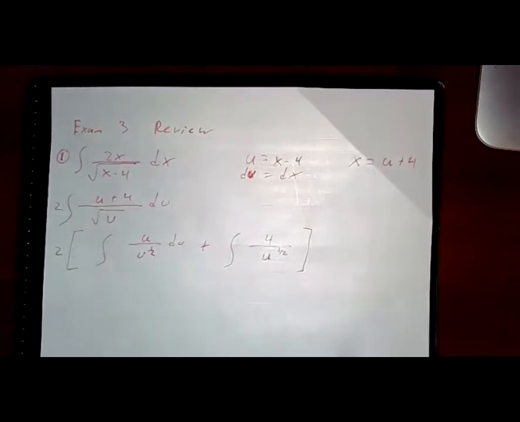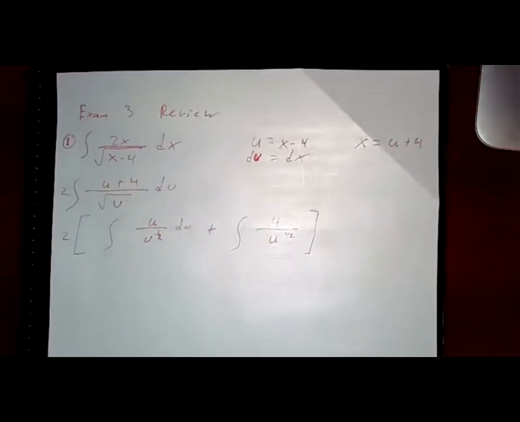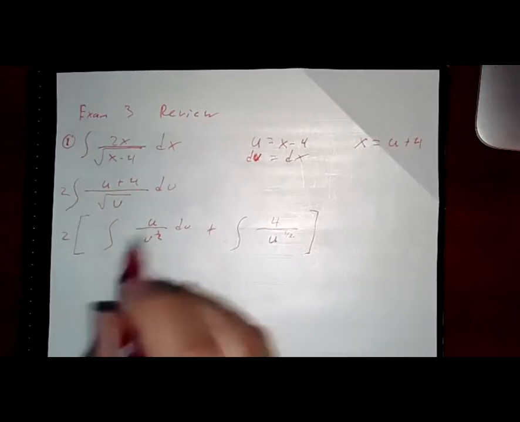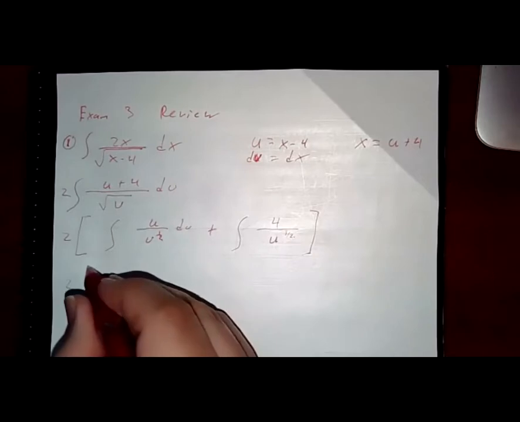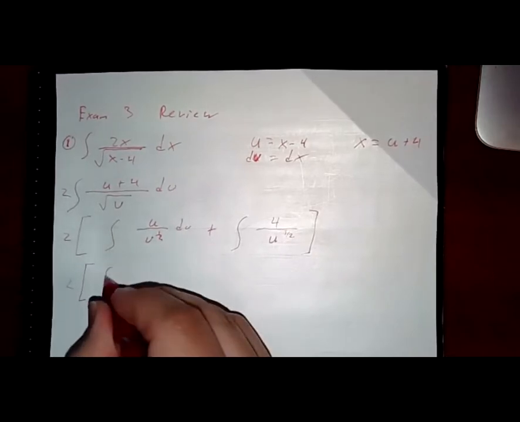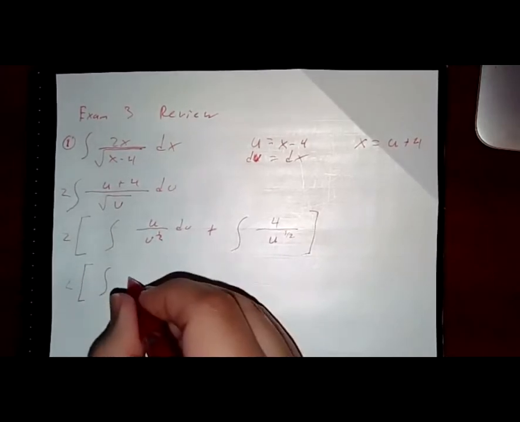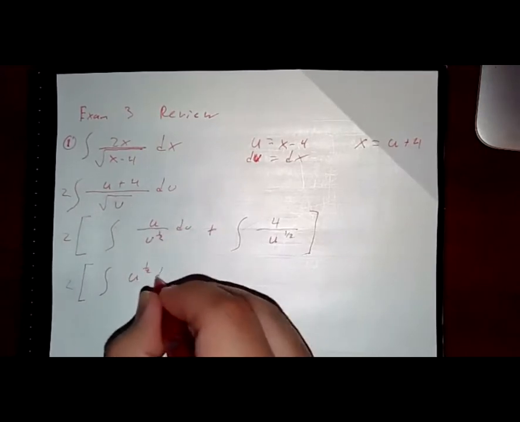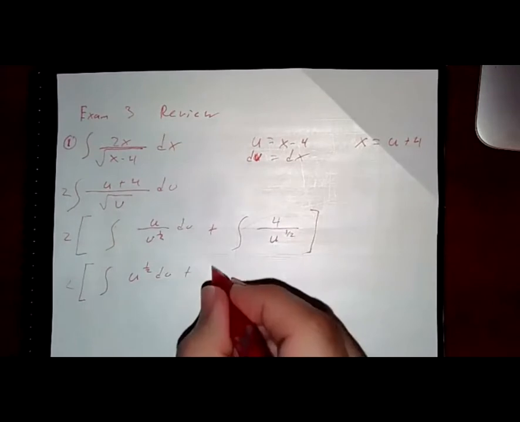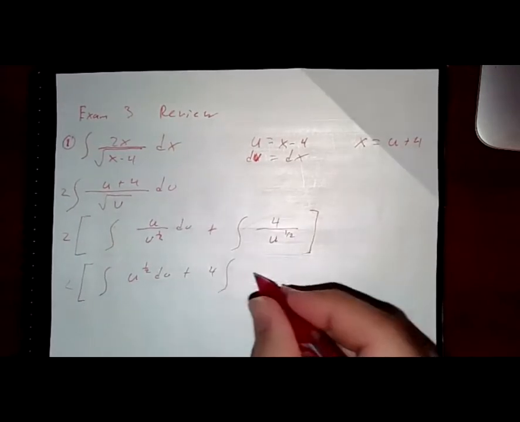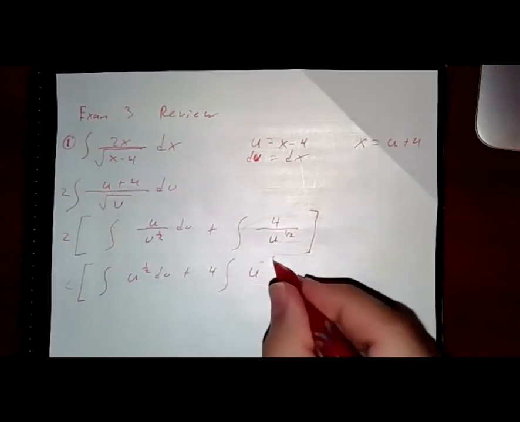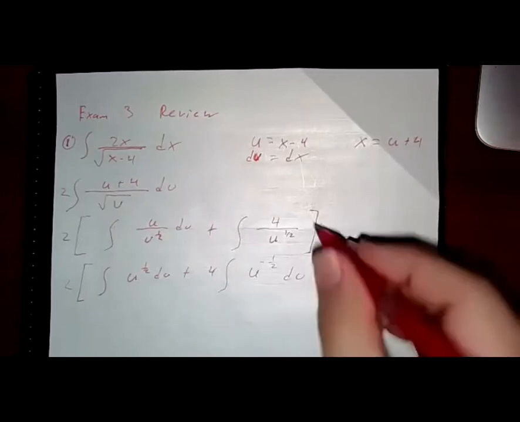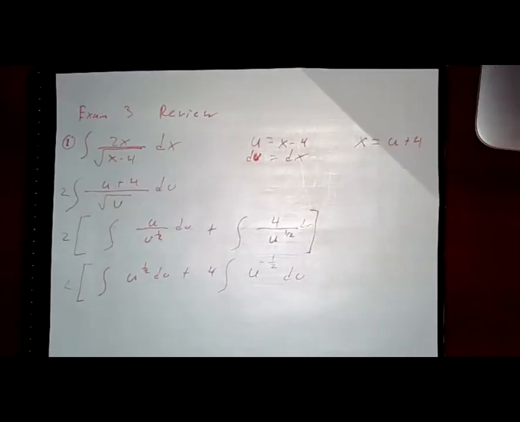This one is just a pure substitution, maybe a more clever or difficult type of sub. This division becomes the integral of u to the 1/2, right? You subtract those exponents. That 4 doesn't do anything, so I'm going to pull it out and bring that u up top. Forgot my du over here.